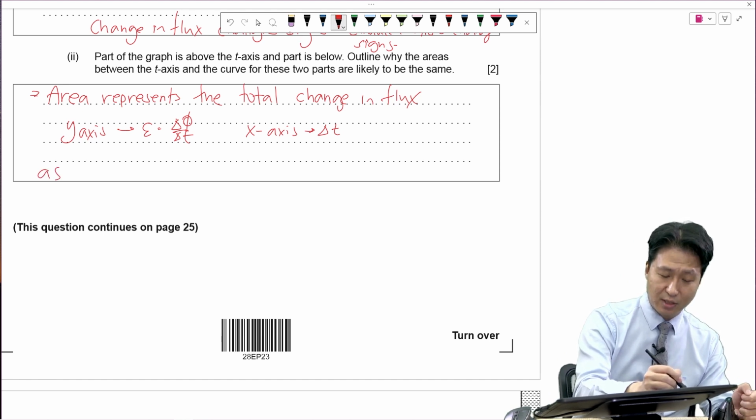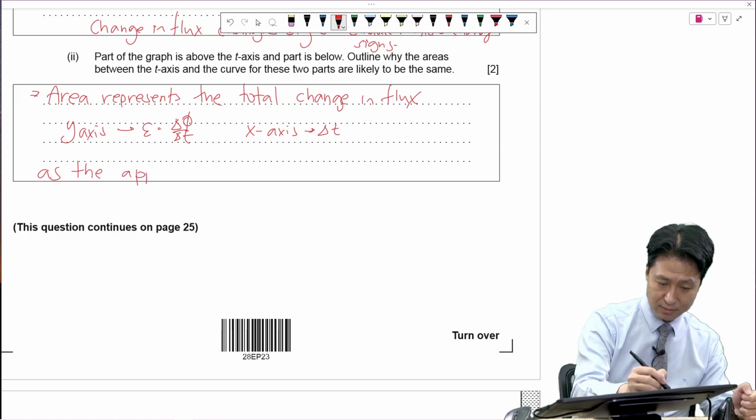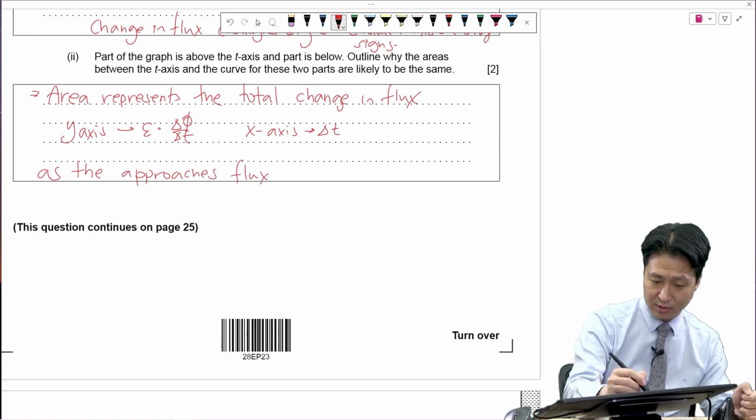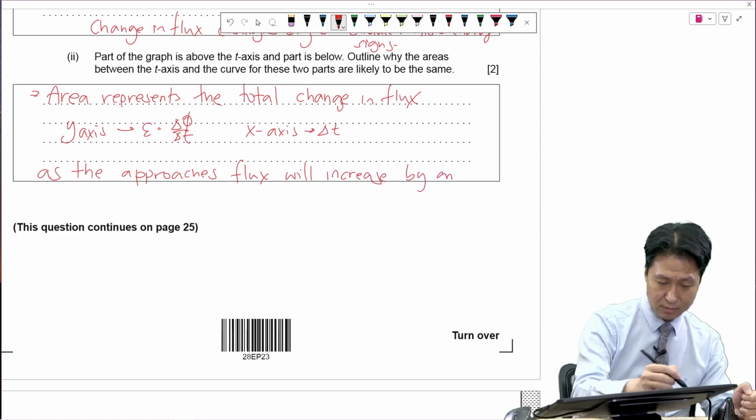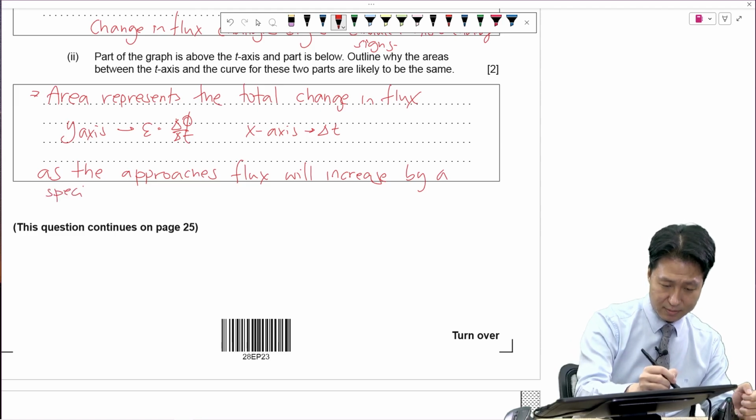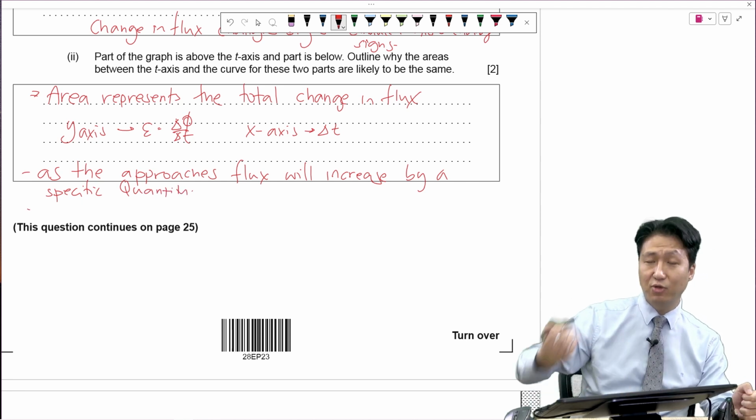So as the magnet approaches, flux will increase by a specific quantity. So when it moves away, it will decrease by that same quantity.